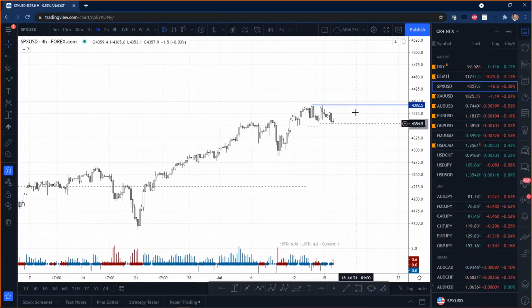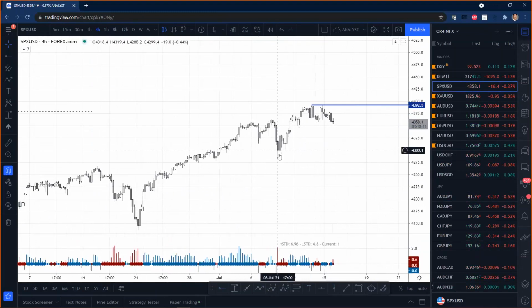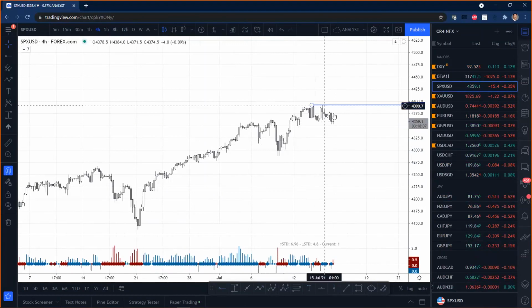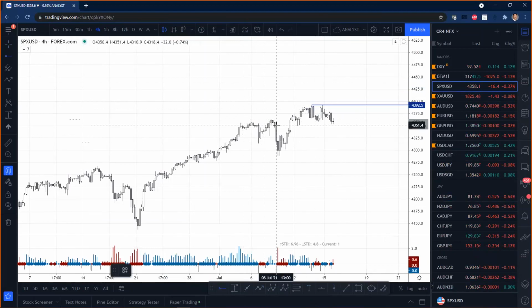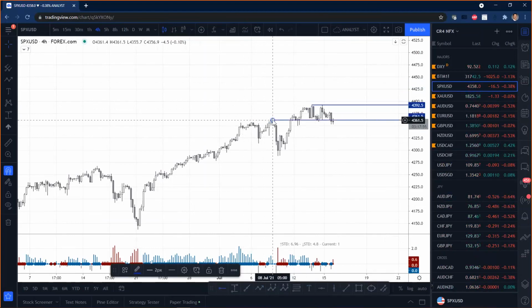Yeah, so we're getting this sideways action now. We had a bit of a move before, made new all-time highs, and now we're having a little bit of a problem trying to go even higher, especially since earnings are starting to come out. Is this what the market is going to start to react to?